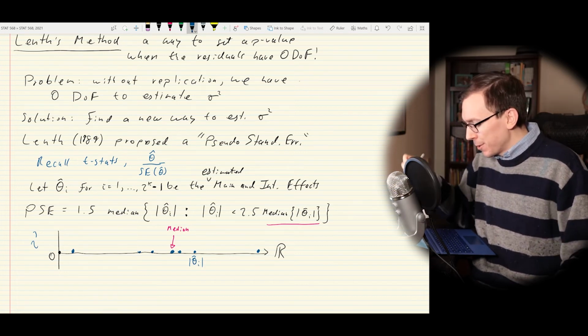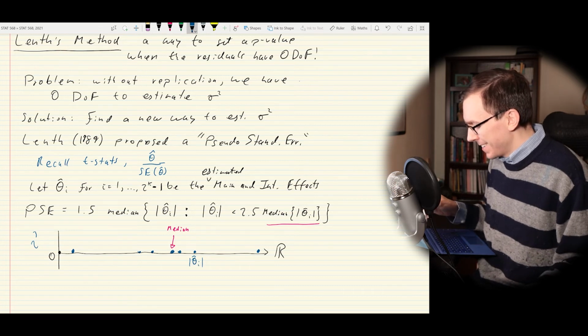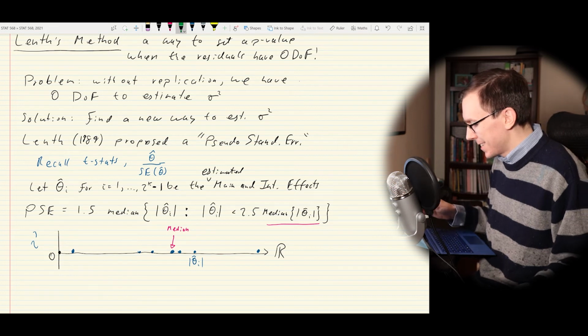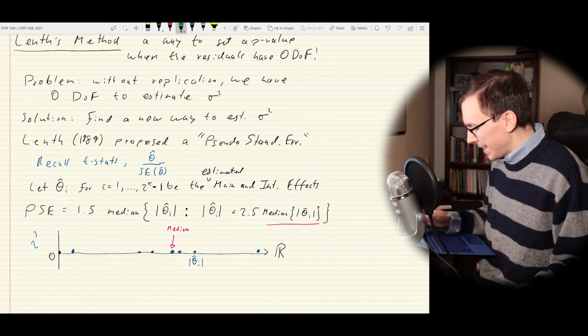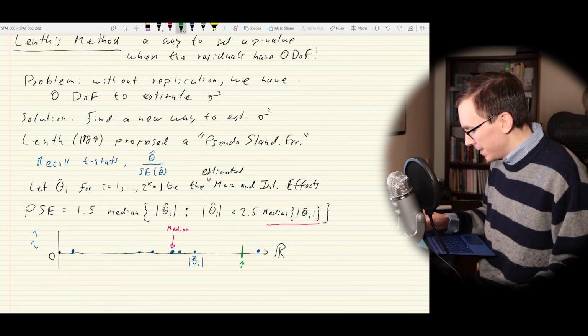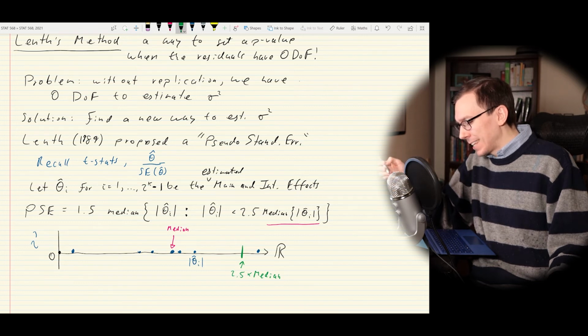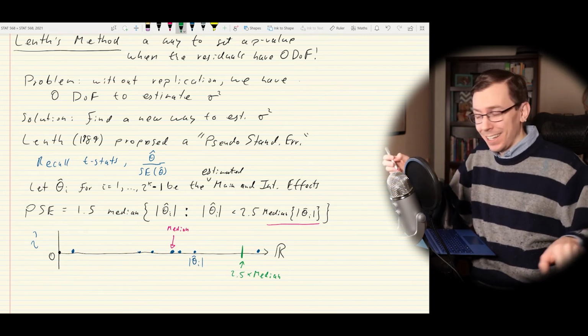And then what we do is we expand this by 2.5. I'm not going to do this to scale. Maybe over here is 2.5 times the median. And then we take all of the thetas that lie to the left of that line.